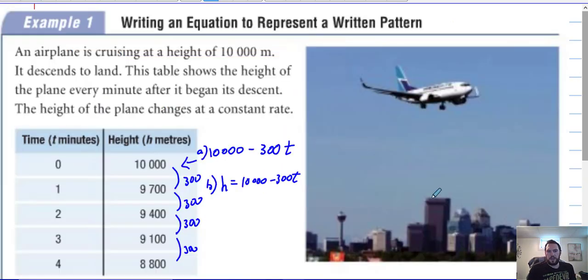In this case, the thing that remains constant is the height; notice it is the number in my equation that goes by itself. And we call that the constant. Then the number that changes, in this case the descent of 300 meters every minute, is the thing that goes with my variable. So 300 times whatever my other variable is. In this case, it's t, or time.